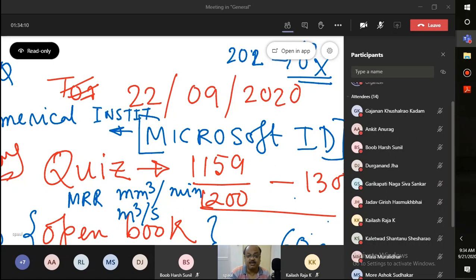If you are a dual degree student, it would be something like ashok.more at the rate of iitkgp.ac.in, and possibly for an MTech student there is some KGPN or something. Am I correct? Yes, sir. So whatever you are using to attend classes, that ID. Do not try to log in using your Gmail ID. You would not be able to log in.